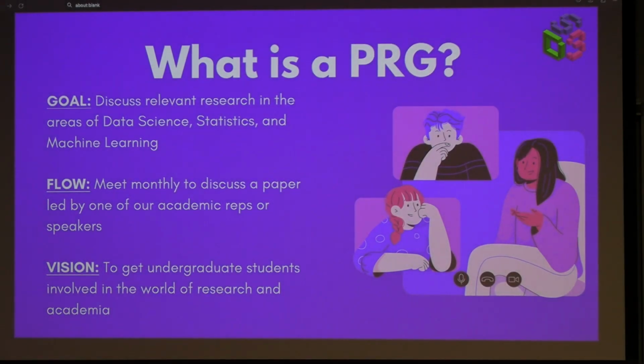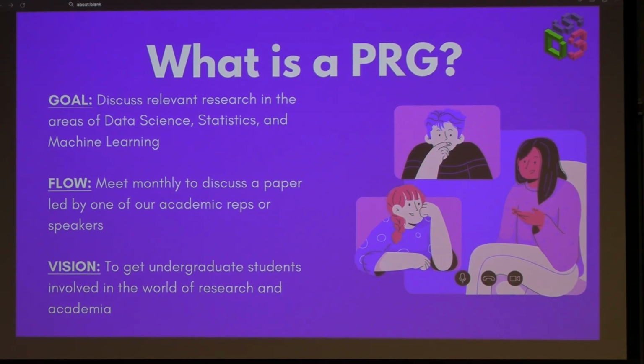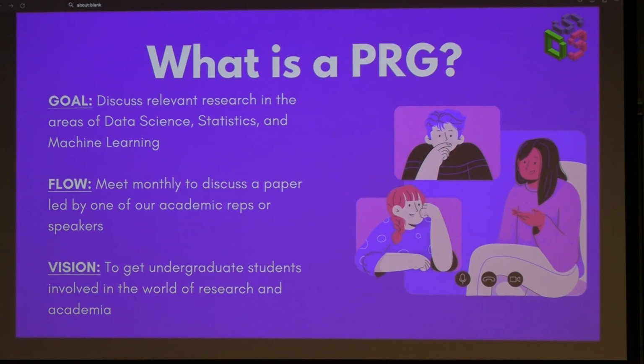So what is a paper reading group? Basically, we come together and we look at an academic paper together, and we have an academic representative, such as Malhar, take you through it, help break it down for you into something that's digestible, because let me tell you, these papers are hard to read. Not for Malhar, maybe, but for a layman such as me, it's very hard.